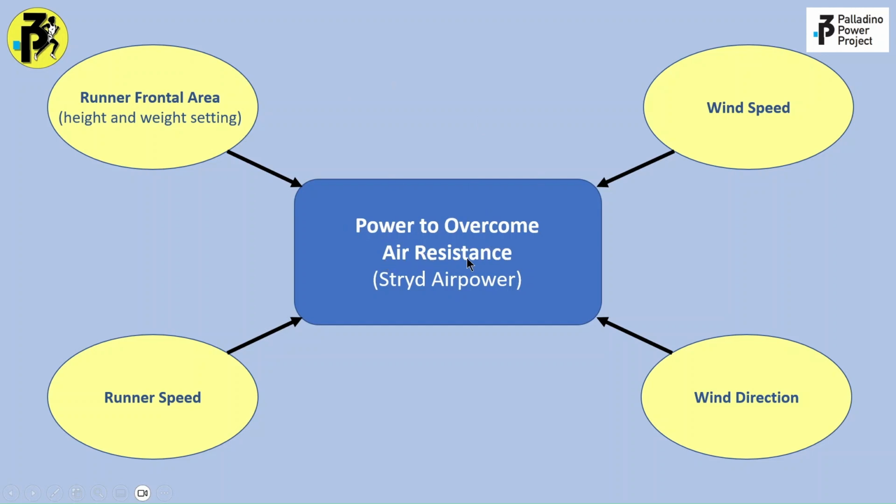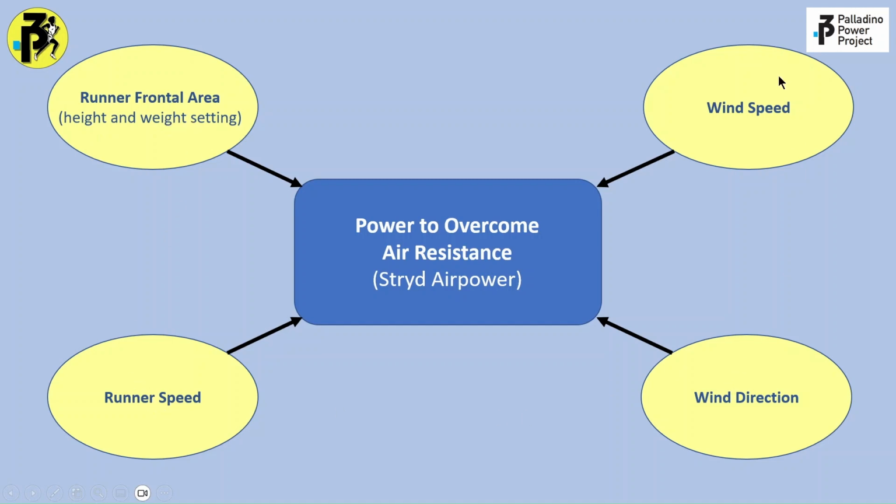To determine the power to overcome air resistance, it's dependent on a number of factors: wind speed, wind direction, whether it's tailwind, crosswind or headwind, runner speed, where faster runners have higher power to overcome air resistance, and runner frontal area, which is determined in the Stryd algorithm by height and weight setting.